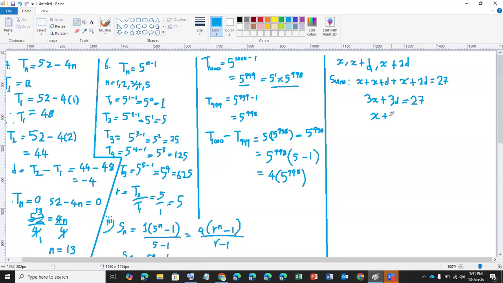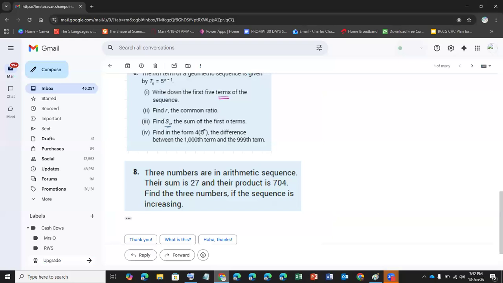I'm going to take it step by step, but I think it's something that you can somehow see. 3x plus 3b equals 27, so we can say therefore x plus b equals 9. So that's one quick decision we've been able to make. What's next? They told us that their product is 704.